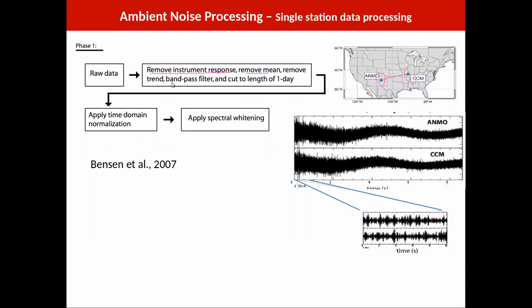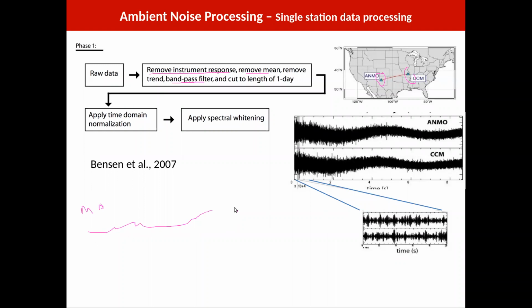Then we do some filtering, and then we cut the data into day length. This is dependent on what you want to do. So what it means is that, say you have, from March 1st to say 30th of March or 31st March, your station is recording continuously. And so then first you remove the instrument.